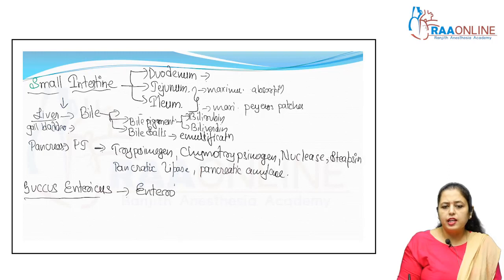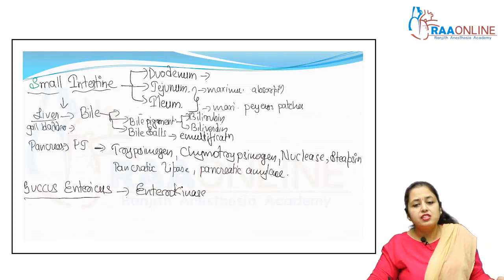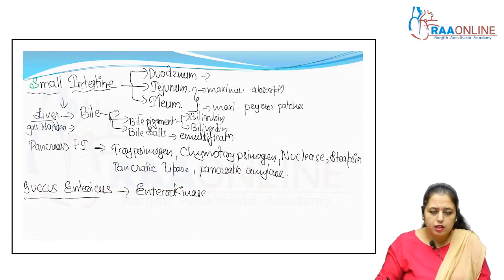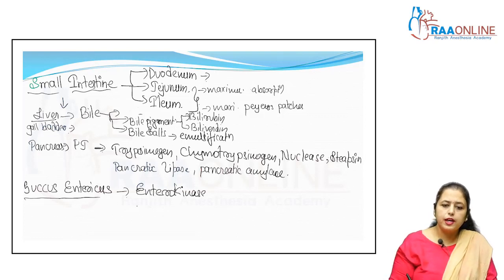Enterokinase acts upon trypsinogen to convert it into the active form, trypsin. And after the conversion of trypsinogen into trypsin, that trypsin activates other enzymes, right?